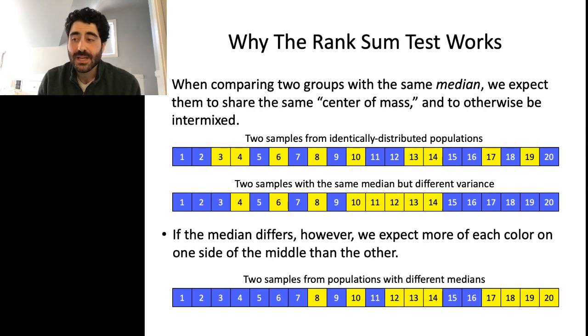For example, we could sum up the ranks of the yellow group here, and ask whether those ranks on average are in the middle. In this case, the middle would be 10.5. So we're going to ask whether this group has an average rank that's right in the middle, or whether this average rank is too big or too small. That would be evidence against our null hypothesis.